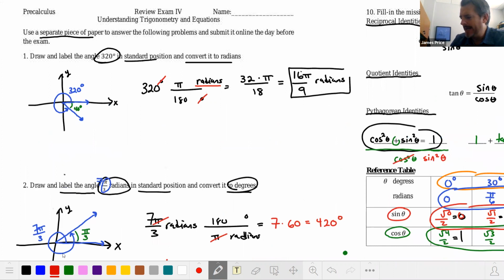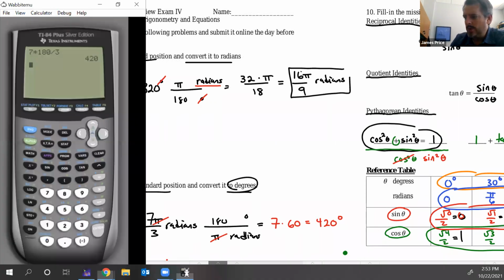It's not bad to be able to check your work and do 320 divided by 180. And you even have a math frac button to help you out, because you're going to make mistakes from time to time. And if you have math frac, it tells you what the answer is, 16 over 9, and there's still a pi on there. So 16 divided by 9 times pi. It's been a long day, guys.